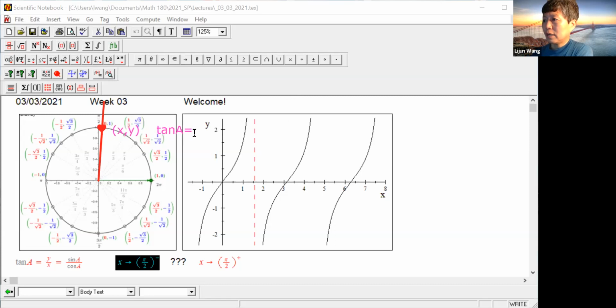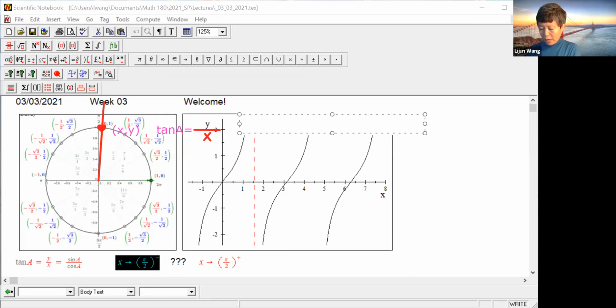How do we write this? I'm going to write this down this way: y over x. I have a y right there, so I'm going to just use that y. So as this red terminal side gets closer and closer to pi over 2 from smaller than pi over 2, the y value is getting closer and closer to 1.